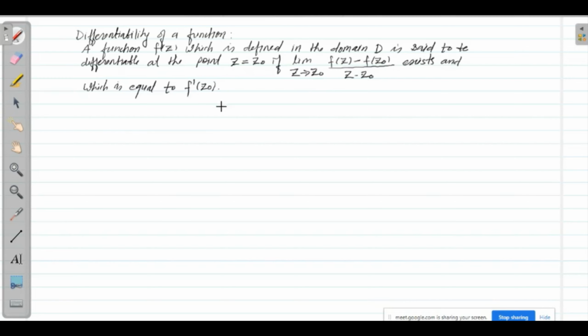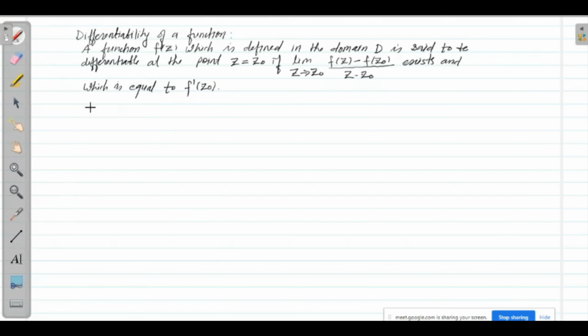Then we can say that the function is differentiable at the given point z equal to z naught. And if the function is differentiable at z equal to z naught, then we can say that the function is differentiable in the given domain D.